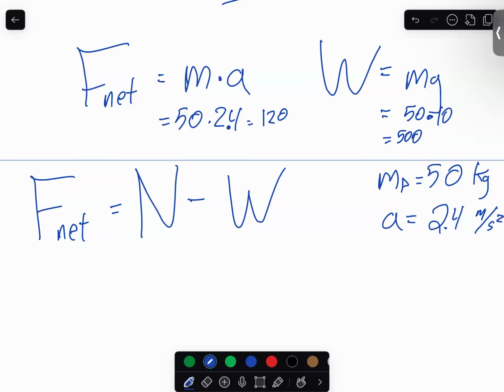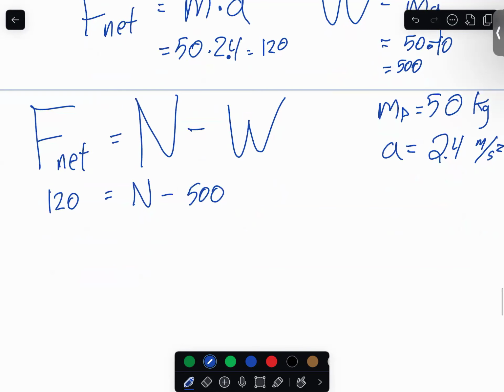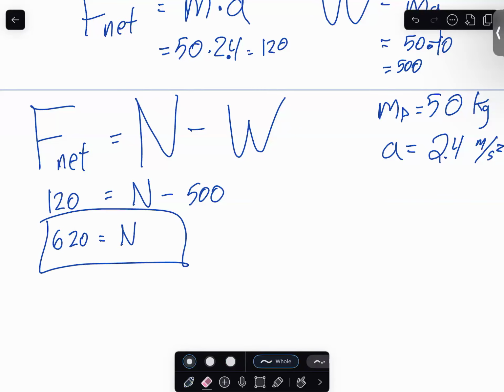I can now plug in the two known equations that I've just solved for. I can then solve for N by adding 500 to both sides. To be precise, I should say 620 newtons is normal force.